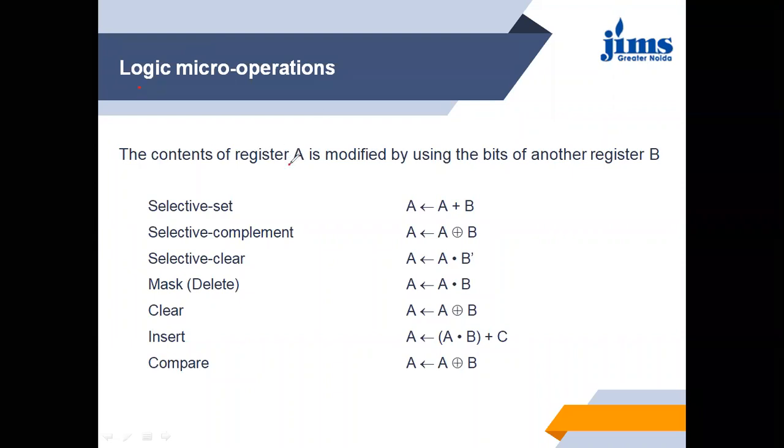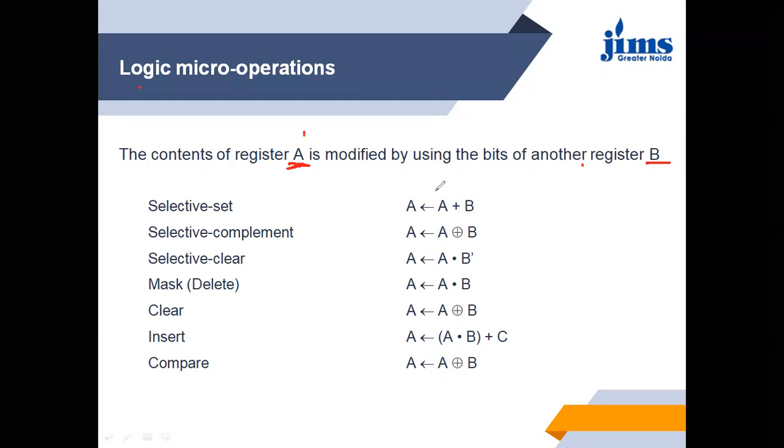When we have two registers A and B, and we want to perform some operation on A, or change the content of A as per our requirement, then we can do it by using another register B, by setting different values in register B and making an operation from B to A, we can find the desired value.